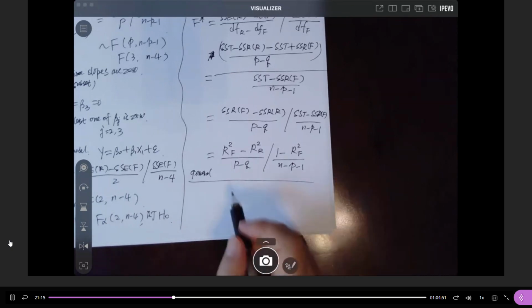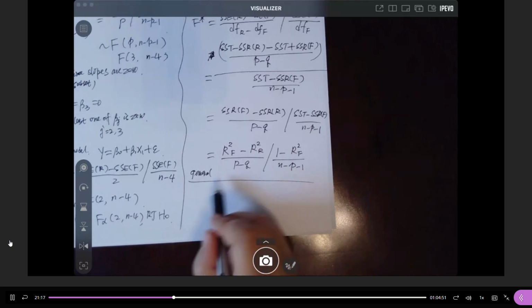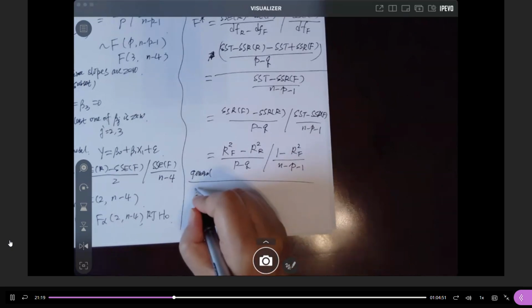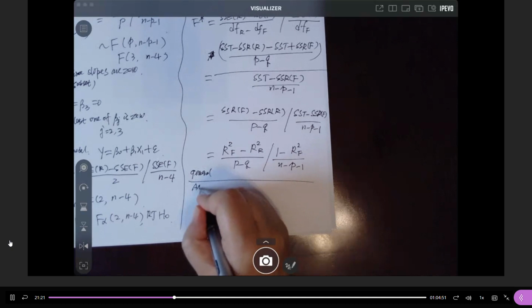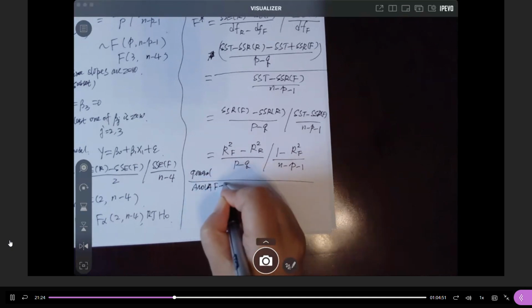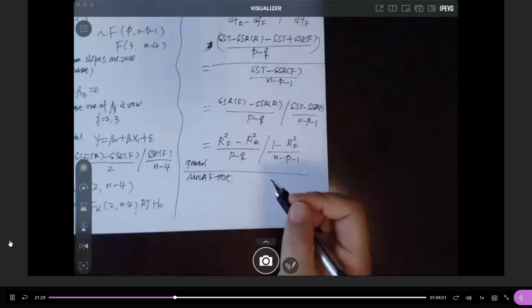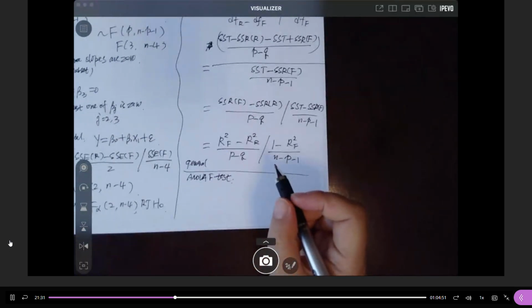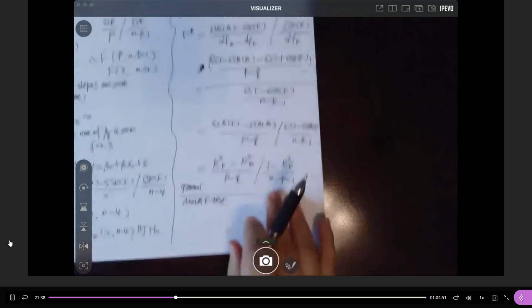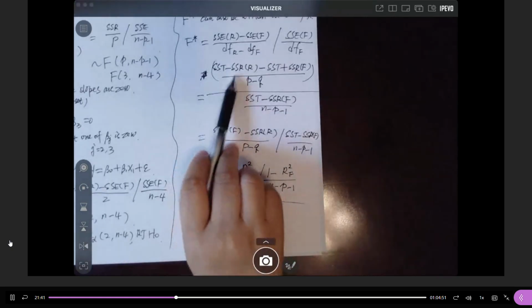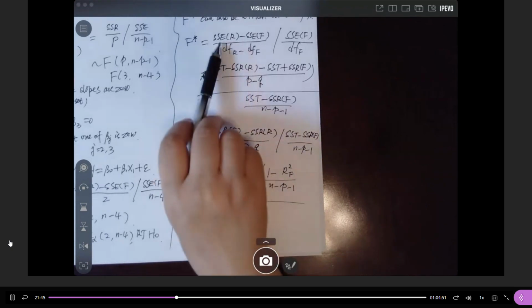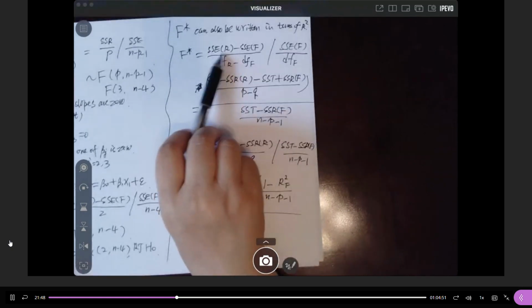All right, so next, let's say you're testing all slopes, the overall test or the ANOVA F test. In this case, the formula can be further reduced because your SSE is actually equal to SST, right? So SST minus SSE is equal to SSE coming from here.